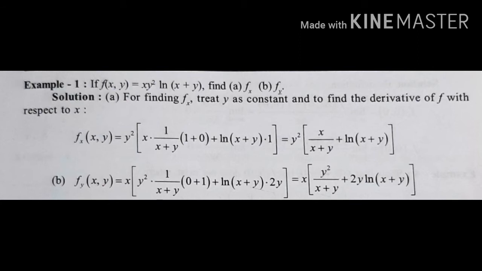Now we discuss examples. First, example number 1. If f(x, y) = xy² ln(x + y), find fx and fy. So first we have to find fx, that is, the derivative of the given function xy² ln(x + y) with respect to x, where we treat y as a constant.